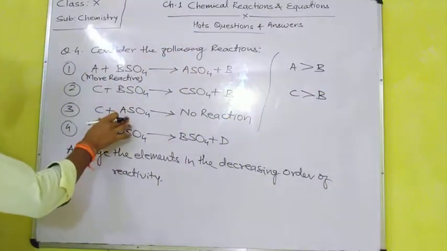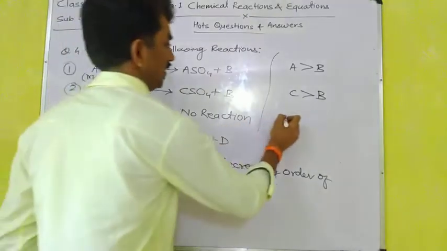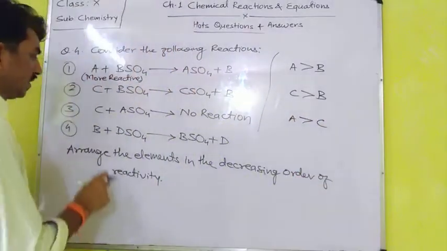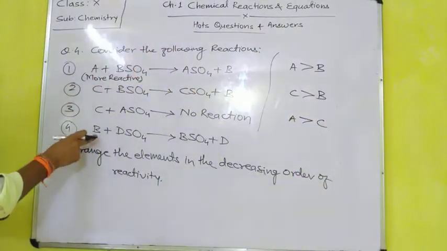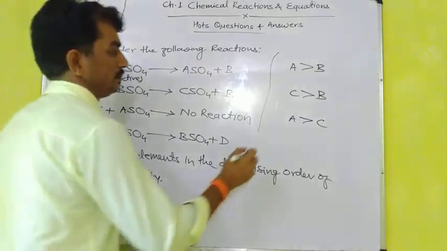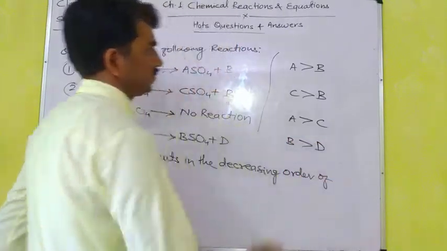In the third reaction, C is unable to displace A. So A is more reactive than C. And here again, B displaces D, so B is more reactive than D. Just compare it.